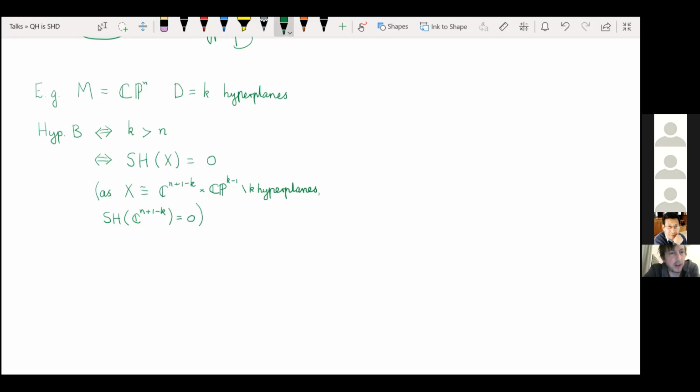Hypothesis B is true if and only if K is strictly greater than n, which is true if and only if symplectic cohomology of X is non-zero. Because when K is less than or equal to n, then X decomposes as a product of a non-trivial affine space with something, and symplectic cohomology of the affine space is well known to vanish. So you can't have this spectral sequence result.